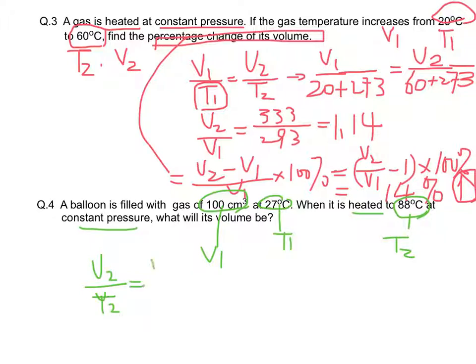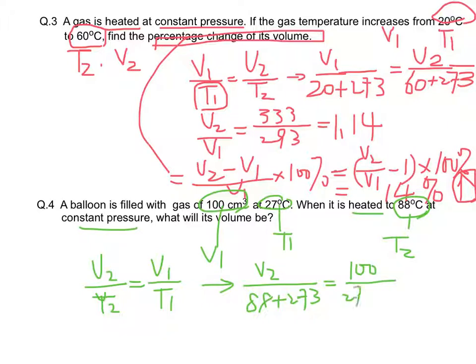V2 over T2 equals V1 over T1, so we have V2 over 88 plus 273 equals 100 over 21 plus 273, and the new volume of the balloon will be equal to 120 cm cube, which is larger.